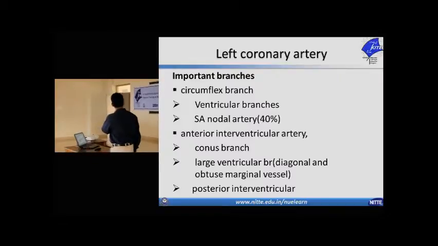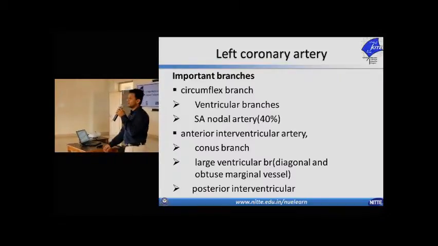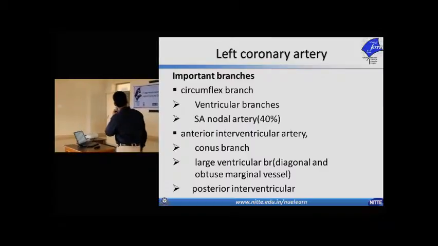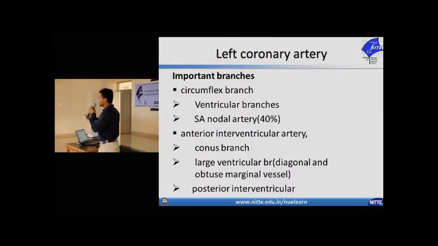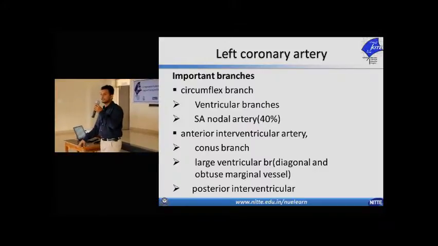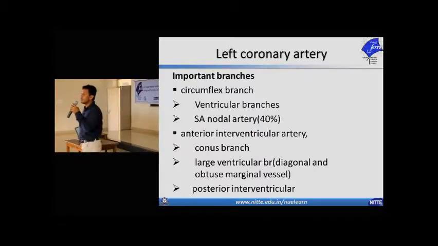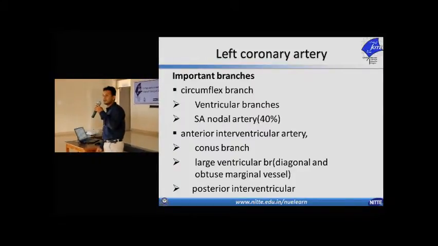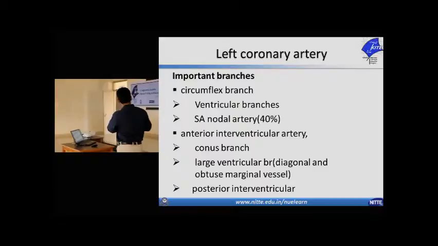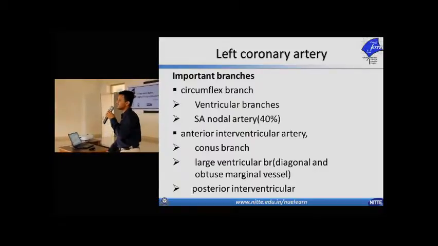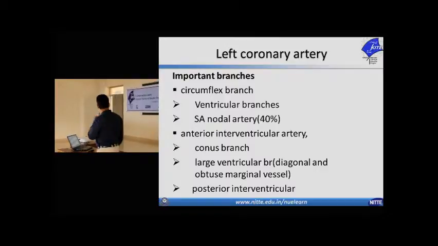From the circumflex branch, as it runs posteriorly, it supplies the left ventricle through ventricular branches and the left atrium through atrial branches. Sometimes, in about 40% of cases, it also gives a branch which supplies the SA node.